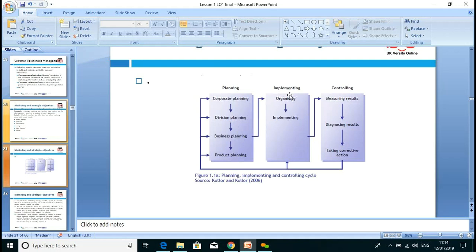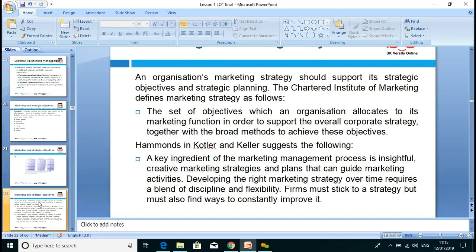Then implementation, how we can implement, and controlling means proactive action. So always when you make the marketing plan, carry on checking. How different people slightly explain differently: marketing strategies should support the strategic objective.